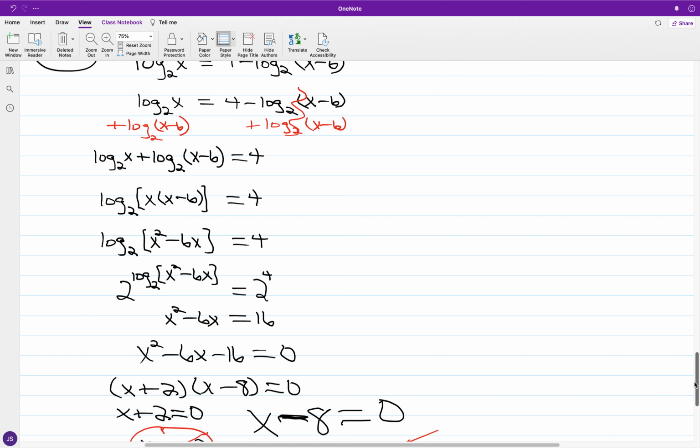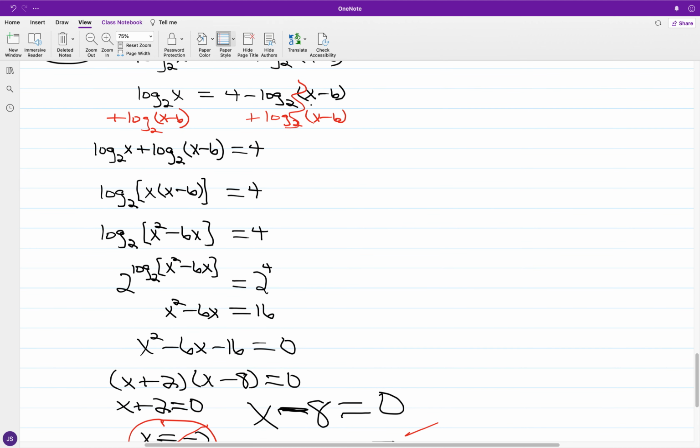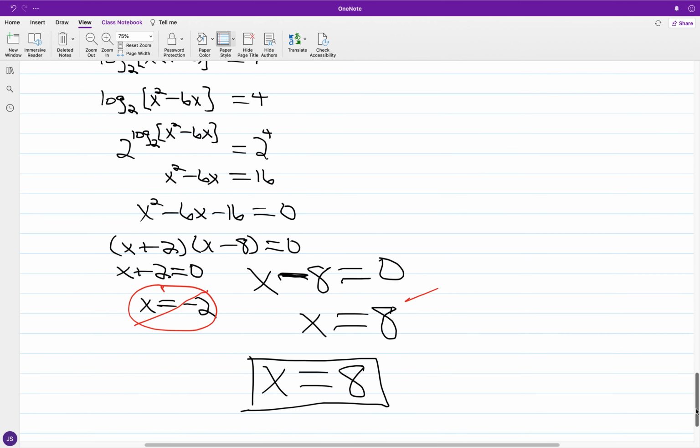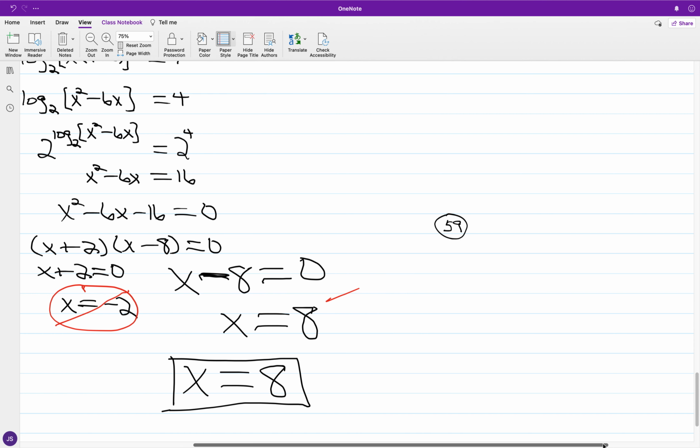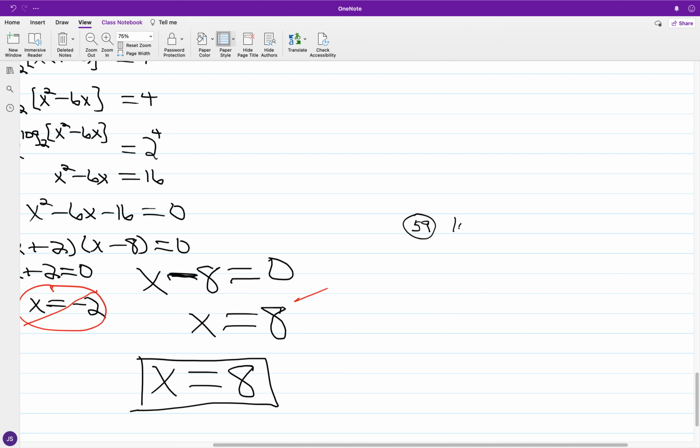number 59, so this one, we have in the variable m, a base 8 logarithm of the quantity of 6 minus m, plus the base 8 logarithm of negative m minus 1 is equal to 1.